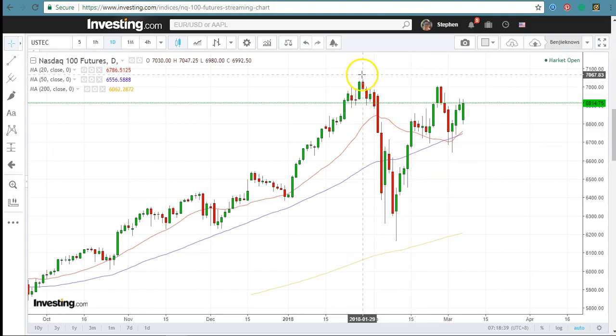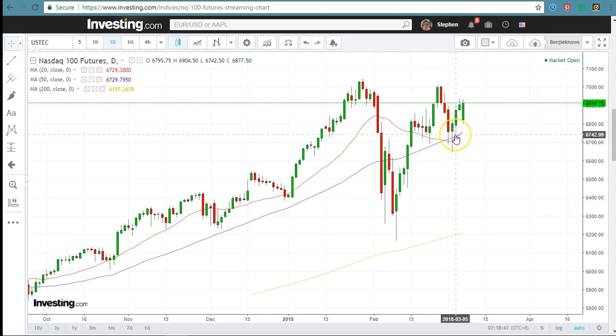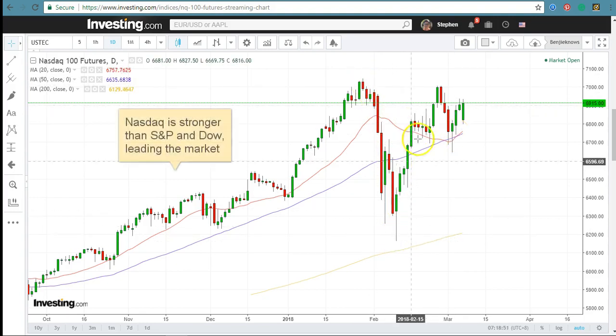As you can see, the move down here, it is able to recover almost all the losses that it had, and now it's staying at the top 1/3 of the price here. So what we can say is that the techs are now leading the market, and usually when the techs are leading the market, it's quite a good thing.